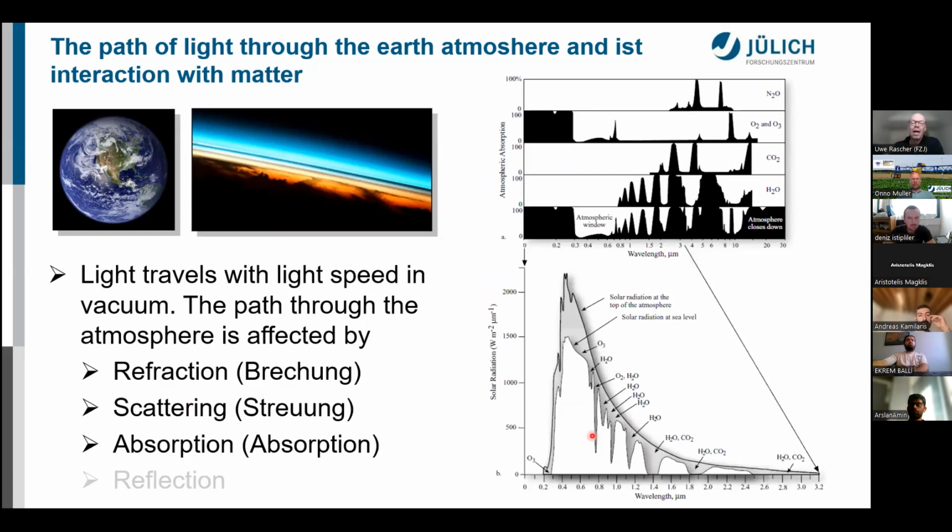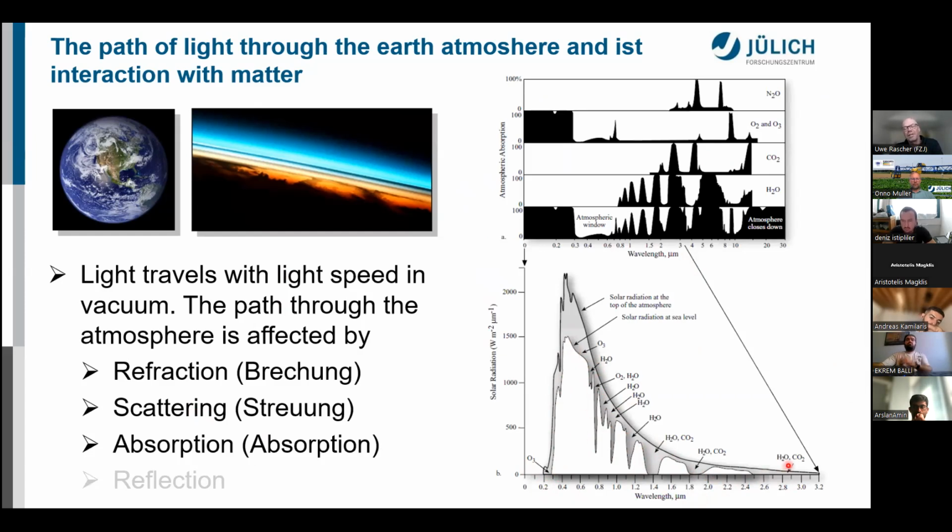And if I look at the intensity of the photons which I measure on the ground with a sensor, with a spectrometer, this is the lowest white curve, the intensity of the incoming photons.